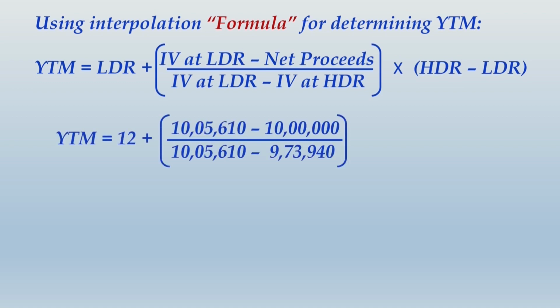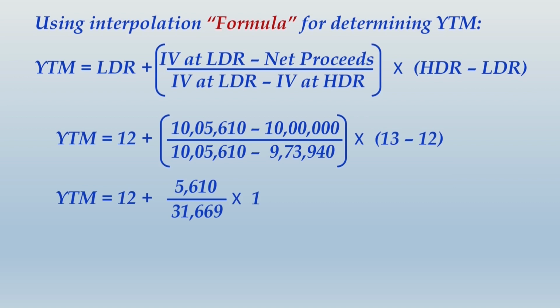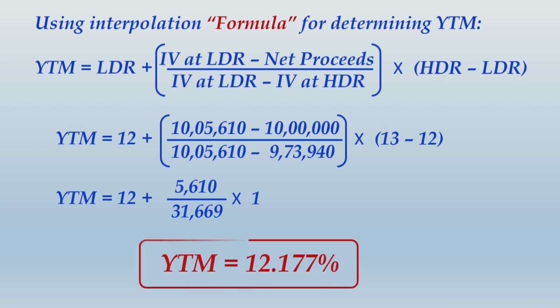So that will be simply substituted with all these values, and when you make the calculation, what you get is 12.177% as YTM. Now this YTM is basically the pre-tax cost of debt. We just have to do one adjustment over here, convert this into post-tax by multiplying 1 minus 0.3 to this calculation, and that is all needed for using YTM approach.